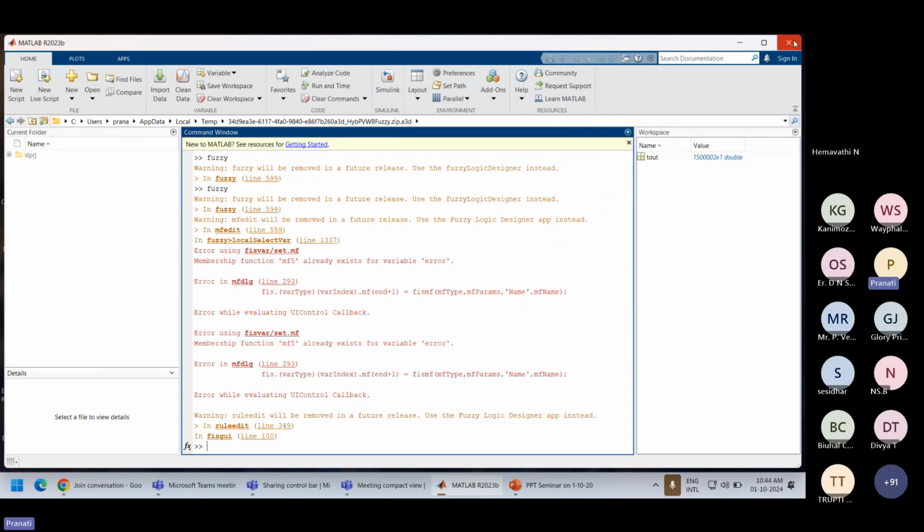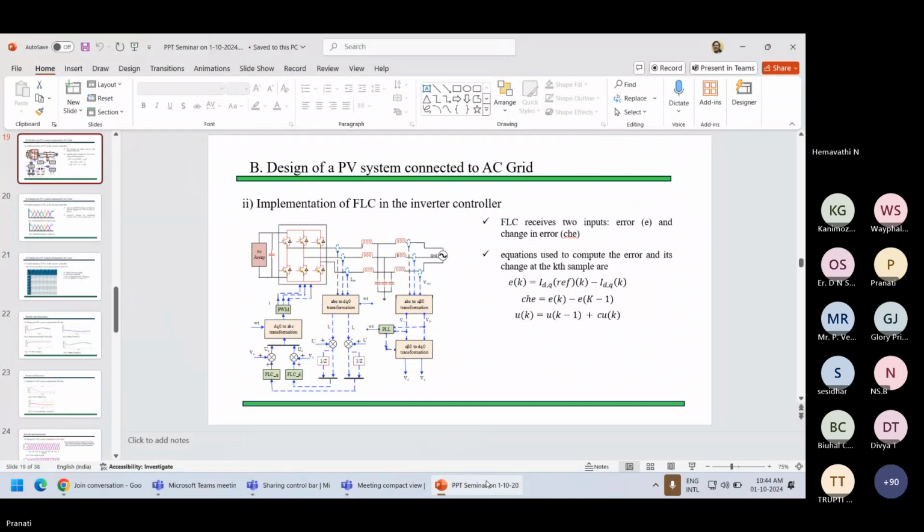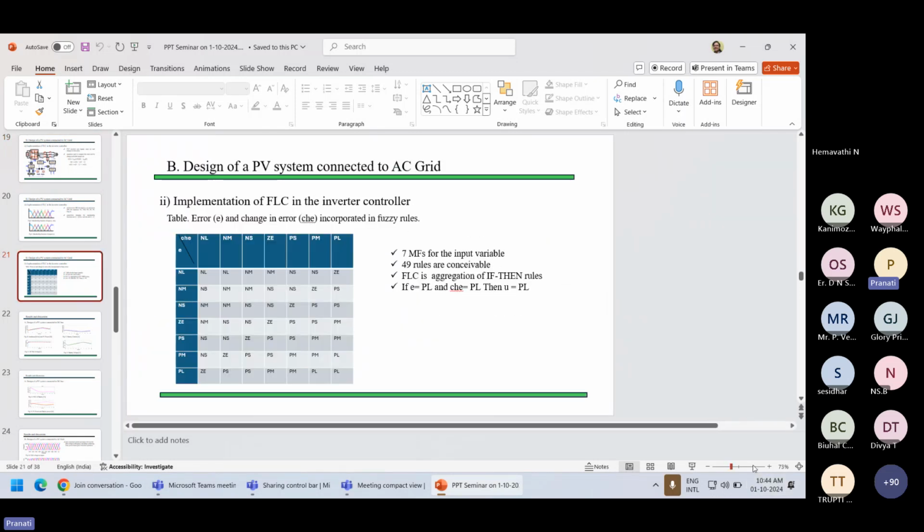And we need to save the .fis file. Okay. These are the 49 rules formed accordingly.